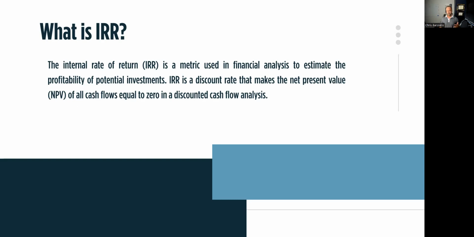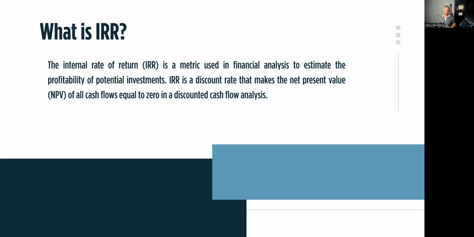Normally, IRR is used internally for determining a certain project a company might want to invest in to see what the return would be. But it's become common in real estate deals to look at IRR to evaluate different deals. The IRR is basically a discount rate, a percentage that makes the net present value of all cash flows equal to zero.